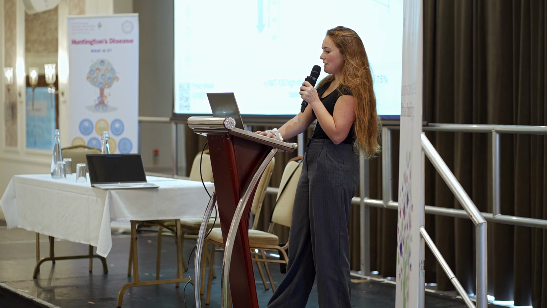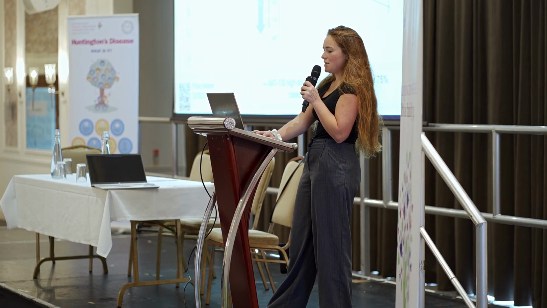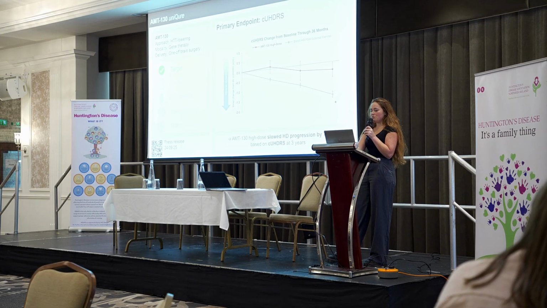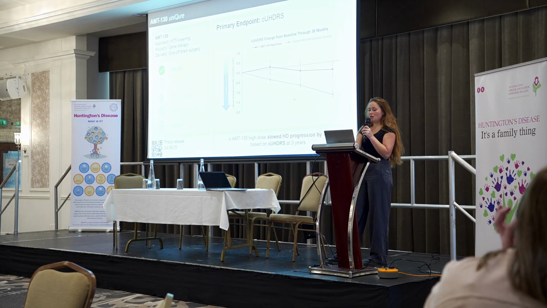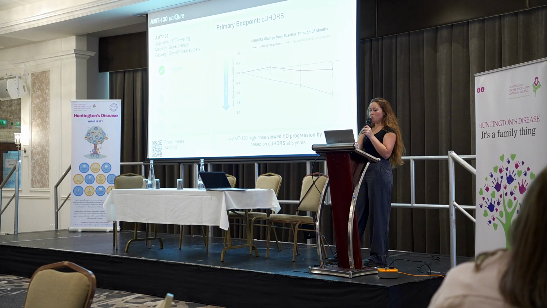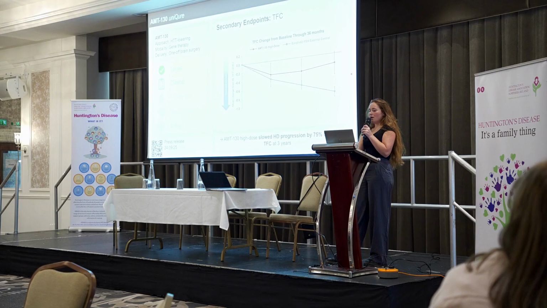And you can see here as well, this is a graph showing, in grey, again, people who were on the matched observational study, who didn't receive treatment, and you can see across the 3 years, at each time point, their clinical deterioration as compared to people who received the high dose of the AMT-130.